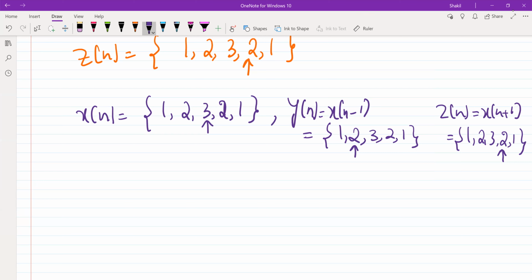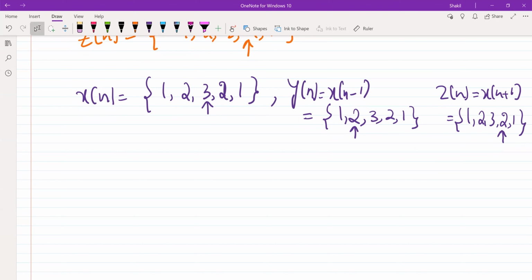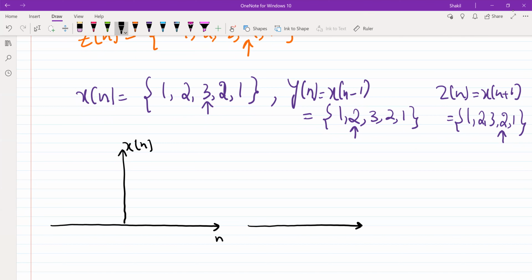All right. So let's compare these three sequences by plotting them. This is my x of n with respect to n. This is my y of n, which is same as x of n minus 1. And the next sequence is z of n, which is same as x of n plus 1.